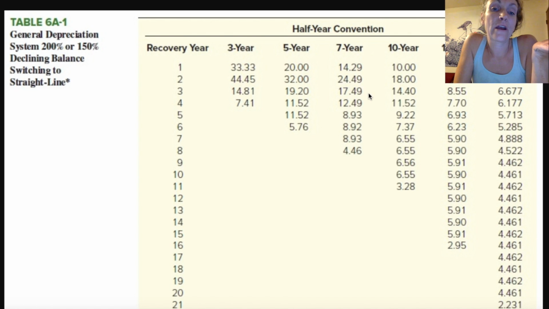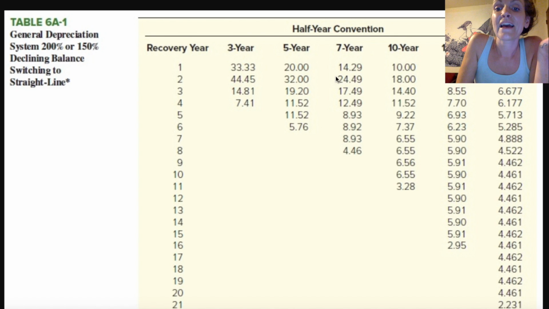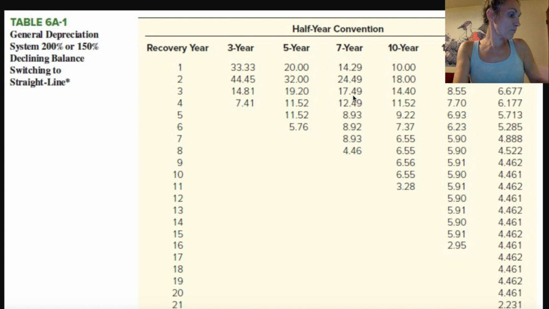In this year, this would be the full year amount. This is the half year on the way out. It's 7-year property. See how there's 8 years because the first year is a half and the last year is a half. So it's going to be this 17.49.